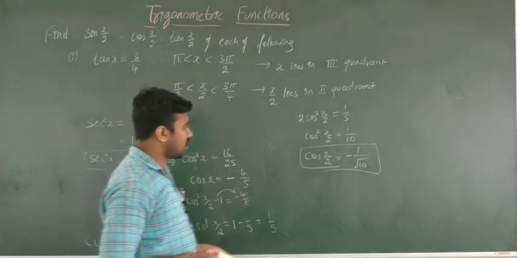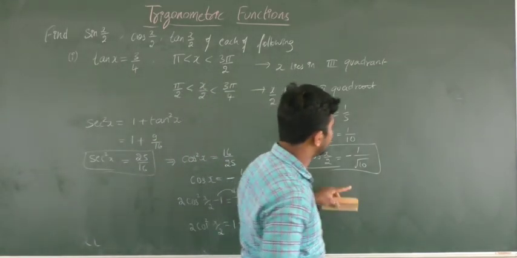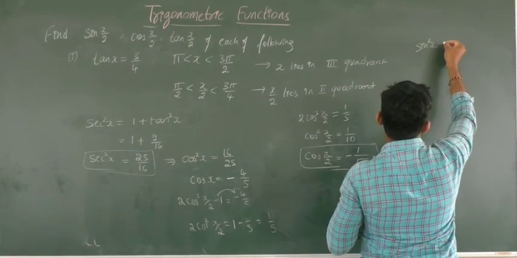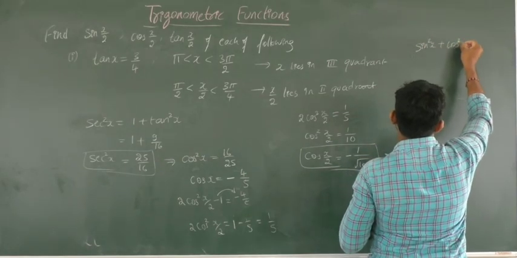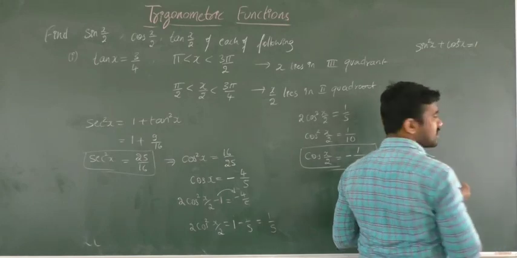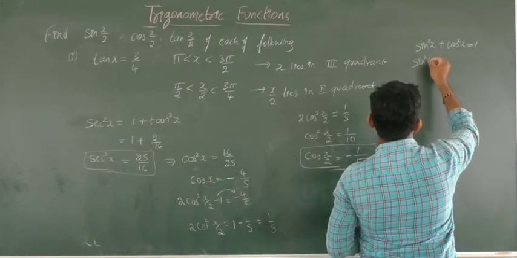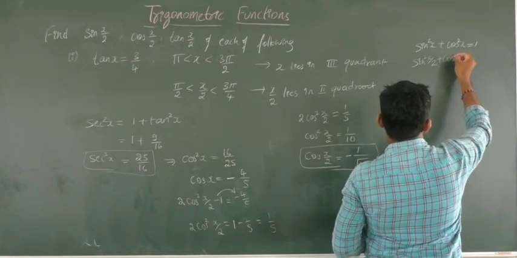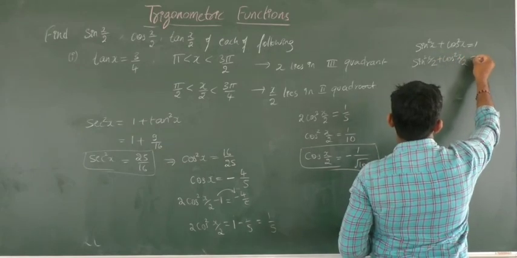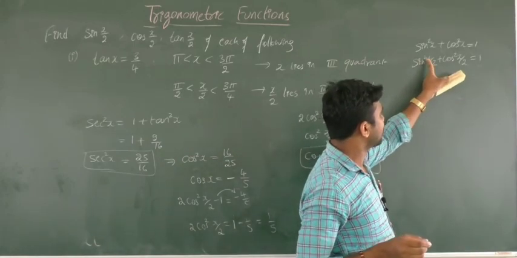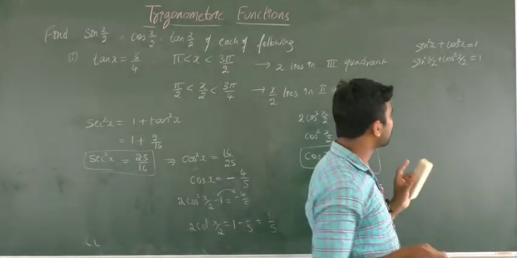So how to find sin x by 2? Again, we know the trigonometric identity: cos square x plus sin square x is equal to 1. For any angle, the same formula can be written for both cos and sin. Sin square x by 2 plus cos square x by 2 is also equal to 1.